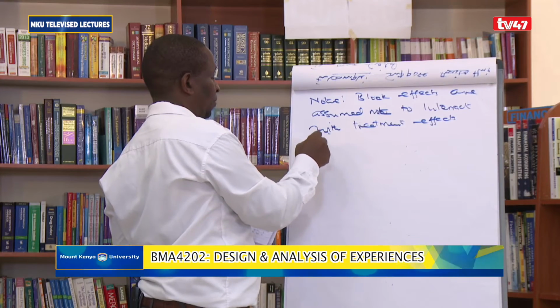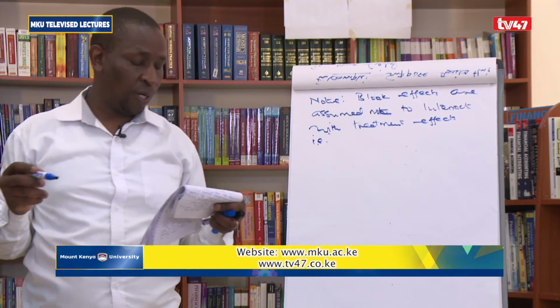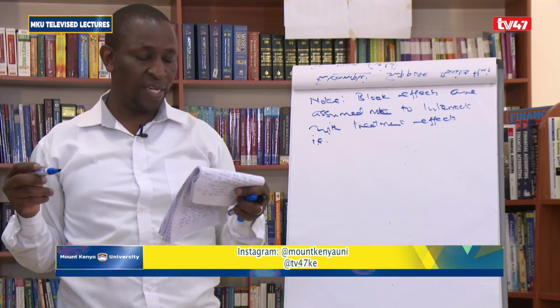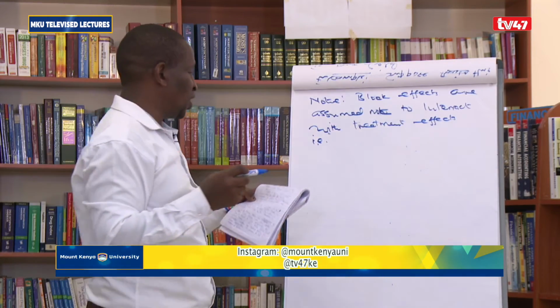That is, where a region or a block effect may raise the yield for all the varieties, we assume that the differences in mean yield between varieties are the same in each region.